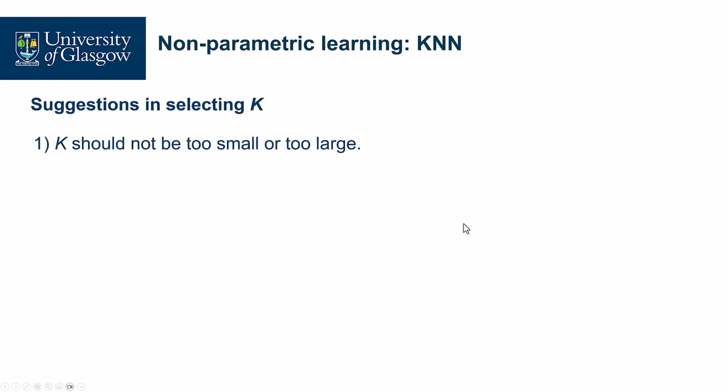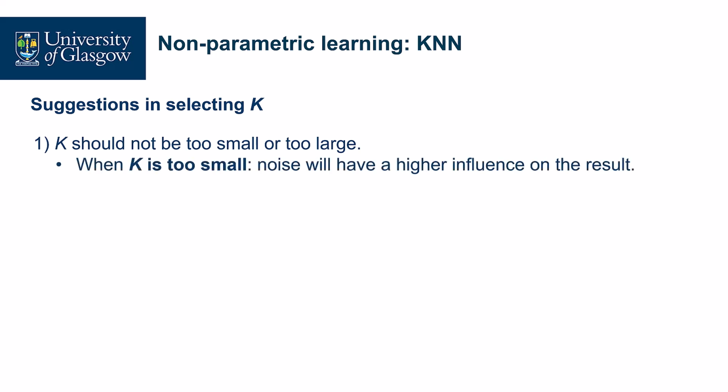First of all, k should not be too small or too large; both are not good. When k is too small, the noise will play a big role and influence the decision. Just as we have said, k equals to 3 and k equals to 5 provide different conclusions.